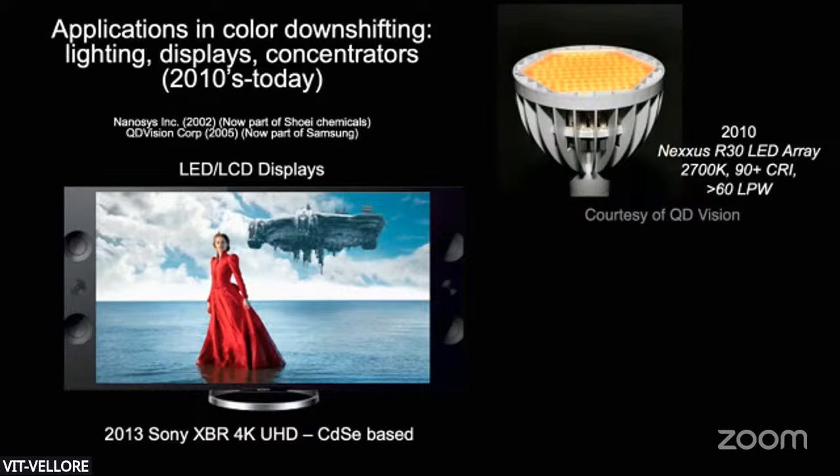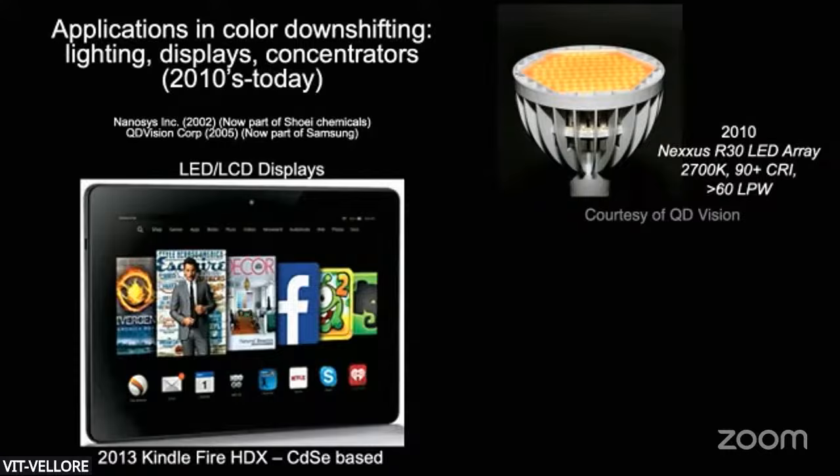But in the background, Samsung saw this and thought this was a great idea, but they didn't like cadmium. And also Amazon came out with a Kindle in 2013 using the same sort of technology, using Nanosys technology.